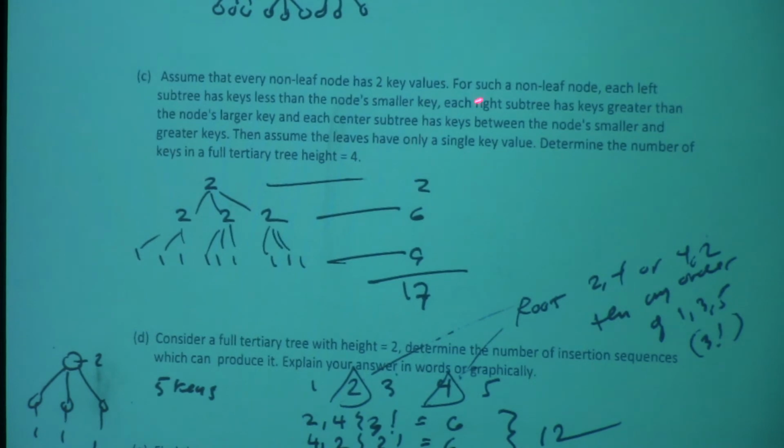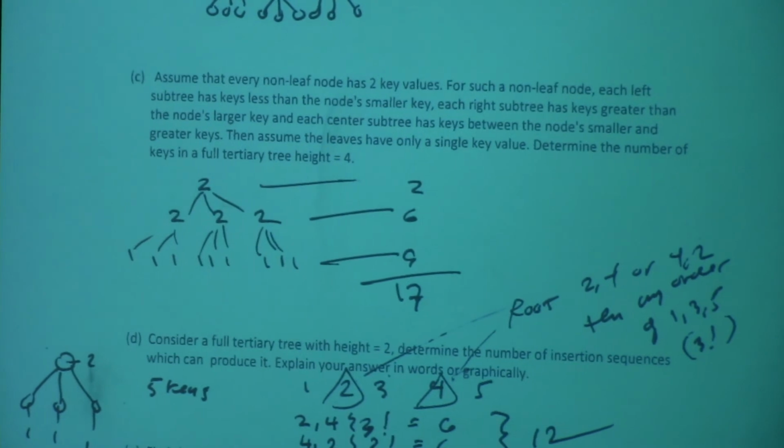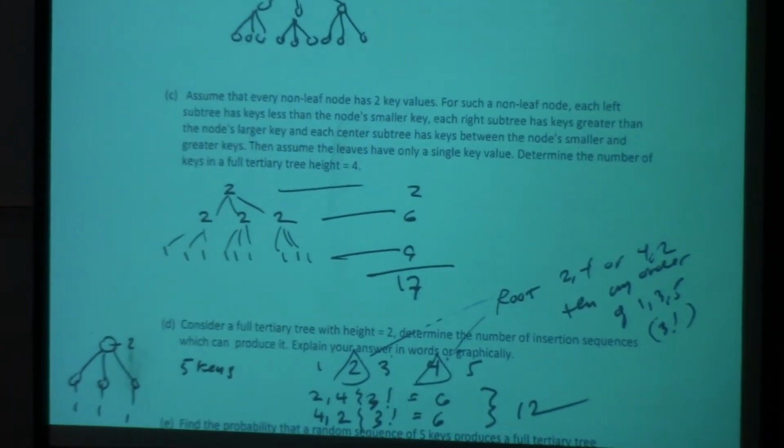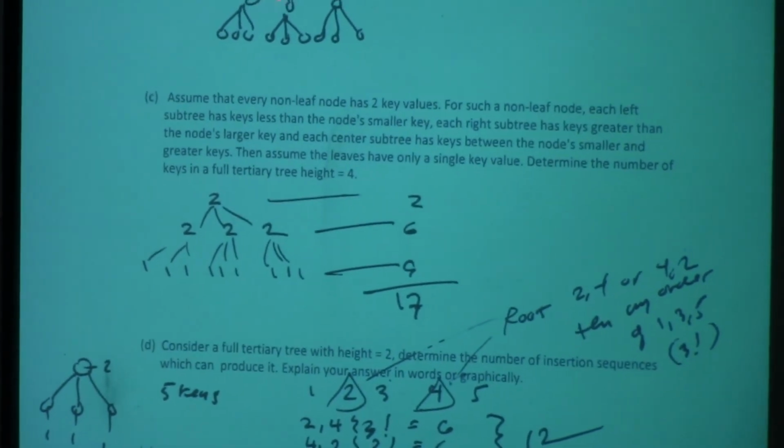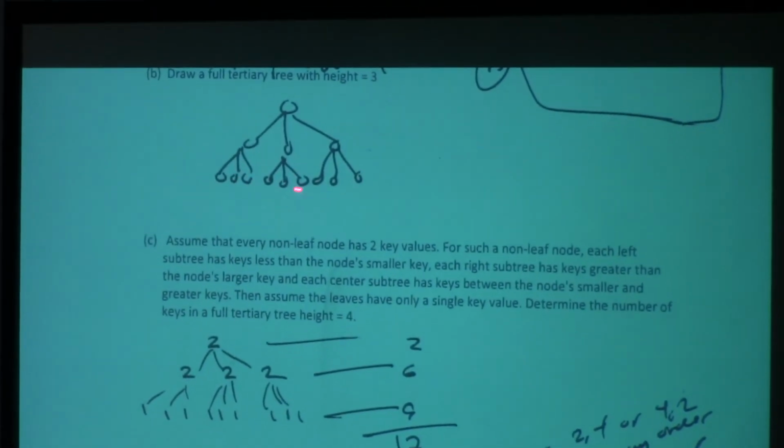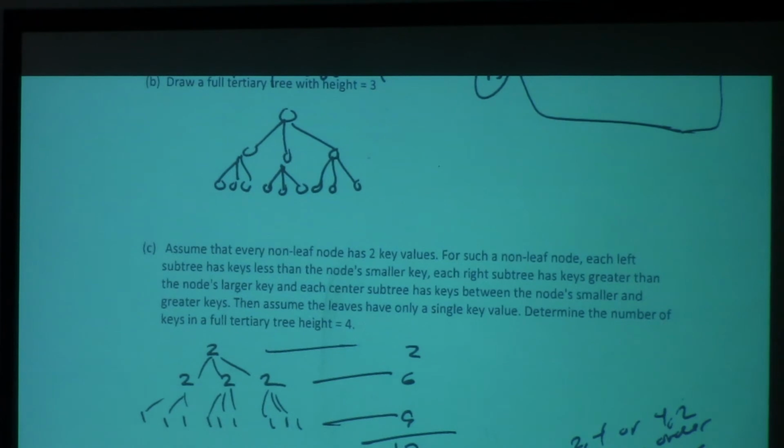For such a non-leaf node, each left subtree has keys that are less than the, no. Okay, then assume that the leaves have only a single key value. So how many keys are in this tree? 15? 17, is it 17 or 15? So 2, 4, 6, 8, and then 9, so 17. Does that make sense? So determine the number of full keys in a tertiary tree of height 4.